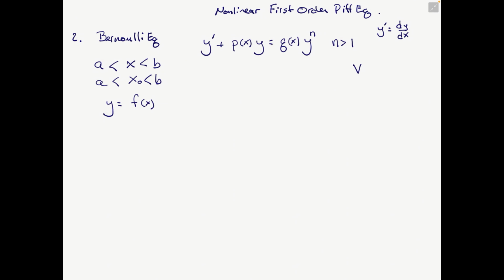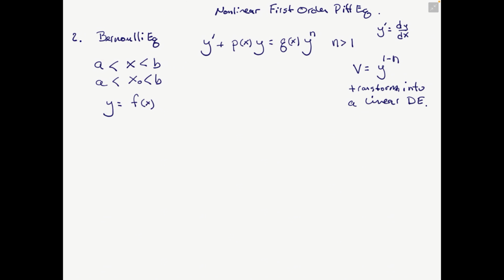And in this case, we have a substitution that was found by Gottfried Leibniz. And so it's a Leibniz solution. We call this a Leibniz substitution, where v equals y to the 1 minus n.